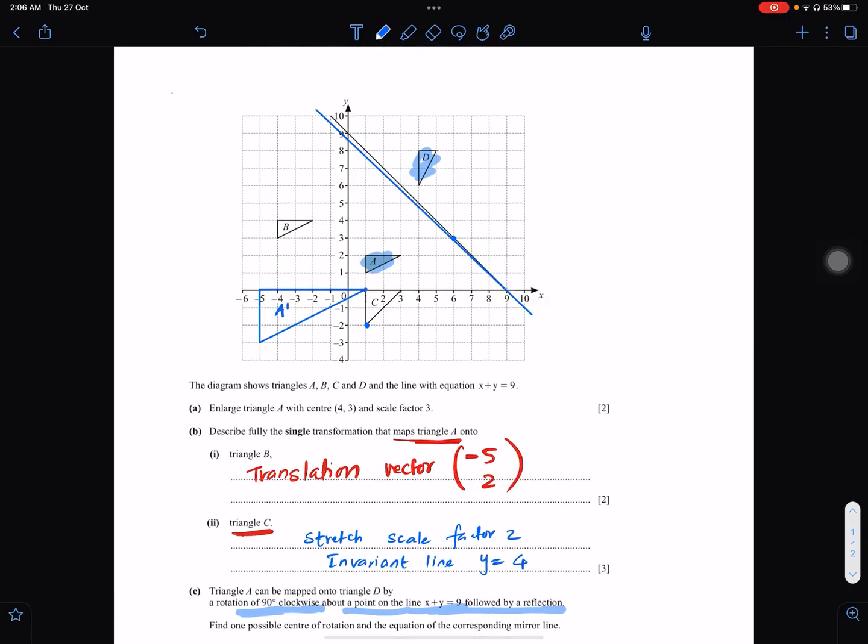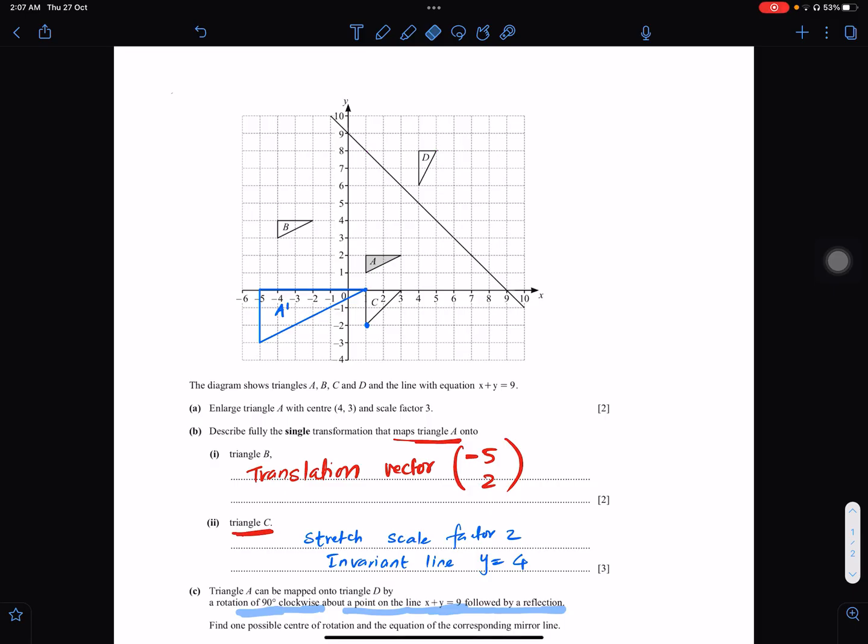Then you rotate this triangle about that point by 90 degrees and see where you land. Once you have landed on a particular triangle, from there you have to see how you can reflect this triangle to D by a reflection.